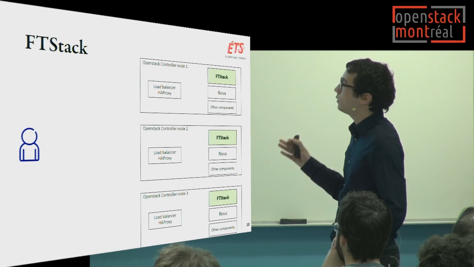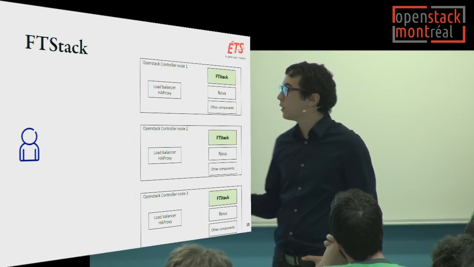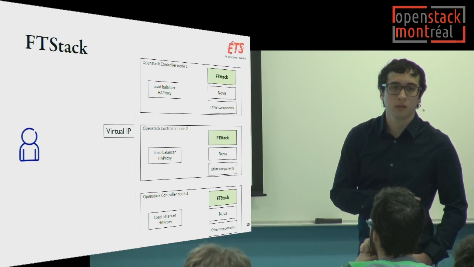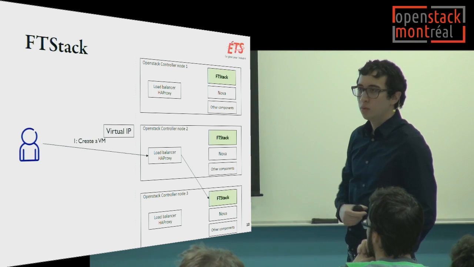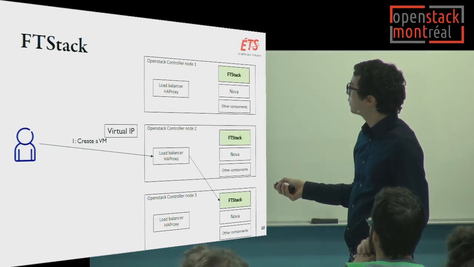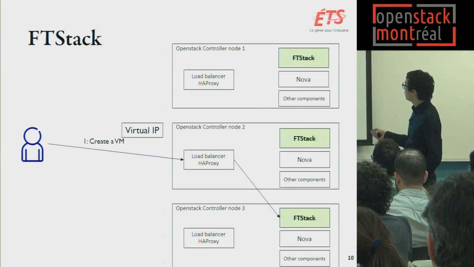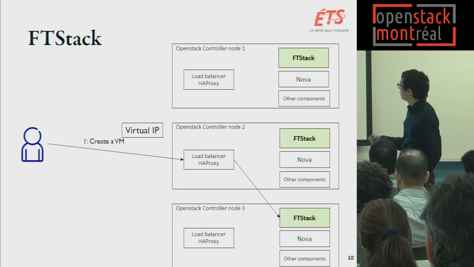So now imagine the end user wants to create a VM, this time with FFT Stack inside the system. What's happening? Imagine the virtual IP is on node 2. The end user will be redirected to node 2, on the HAProxy firstly. The HAProxy will be responsible for sending the request to any available FFT Stack component, for example, randomly, node 3.